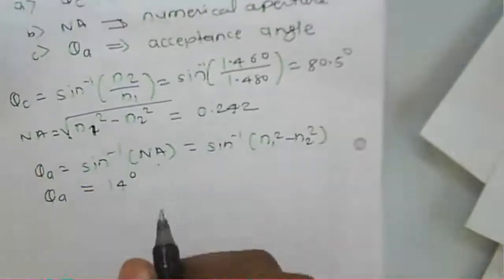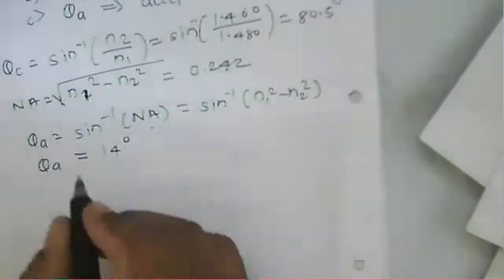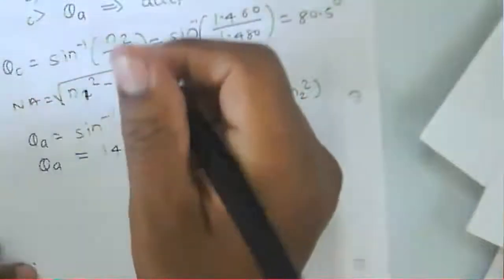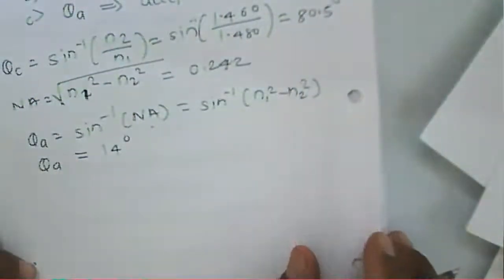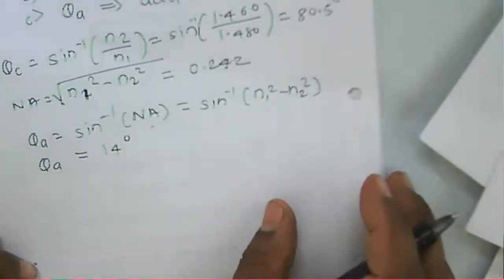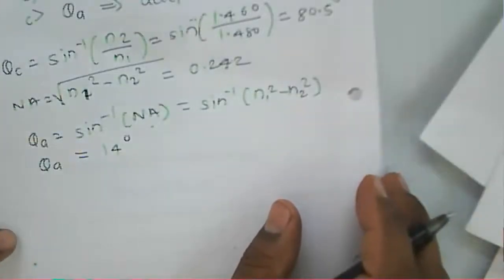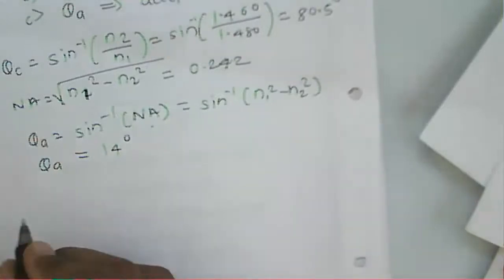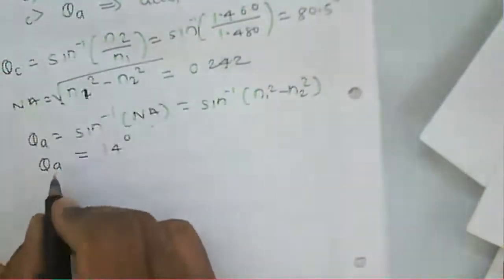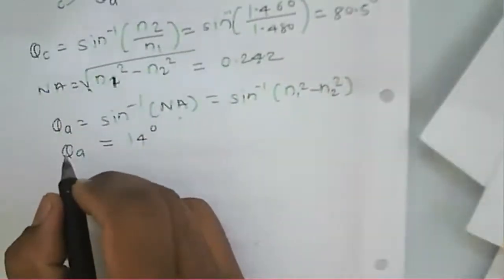Even if n1 or n2 is not given, we can relate the equations and calculate the other values too. So we consider here how to obtain the values of the critical angle, numerical aperture, and acceptance angle.